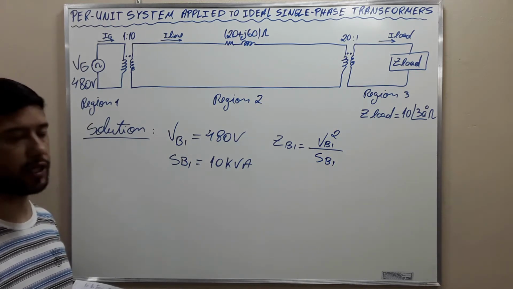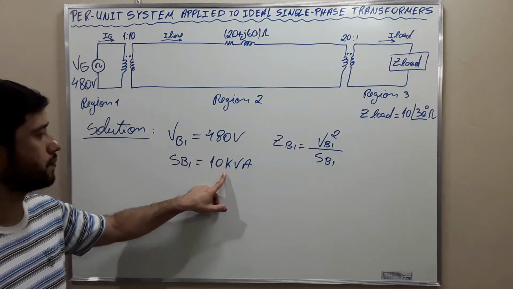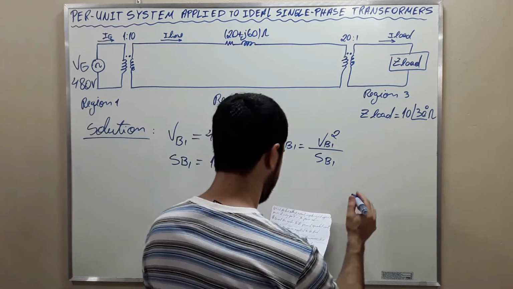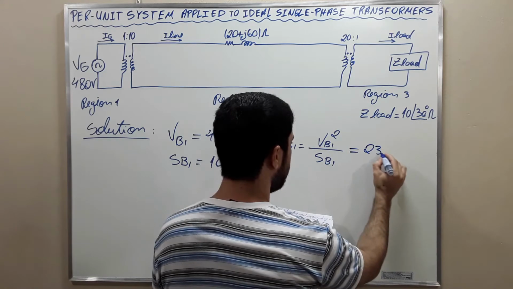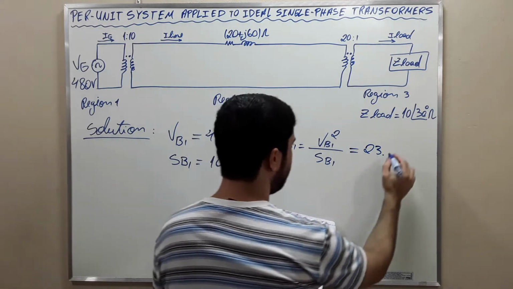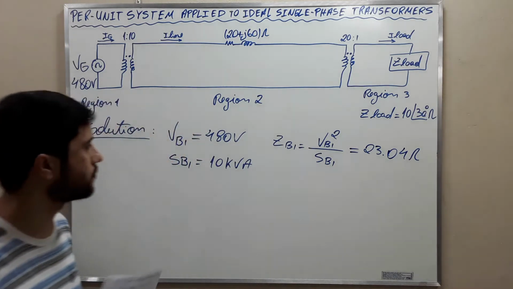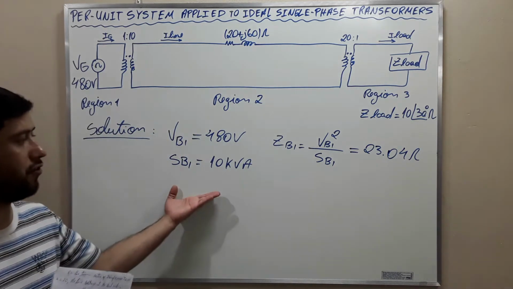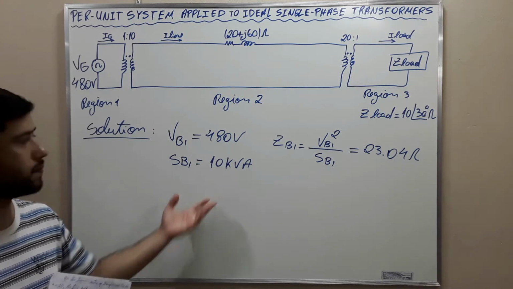Using this expression and the values given by the problem, we find that it is 23.04 ohms. Okay, these are the base values for region 1.